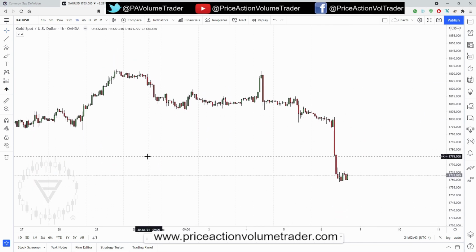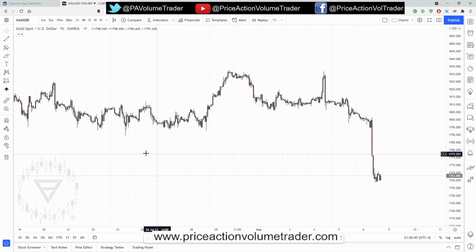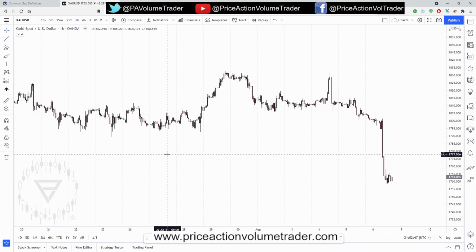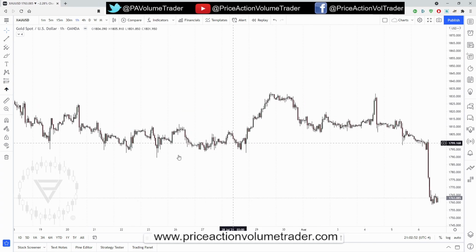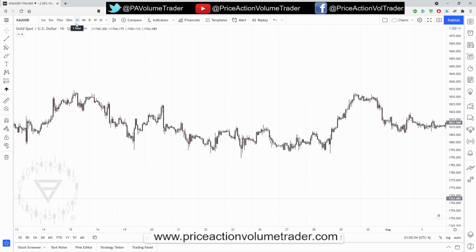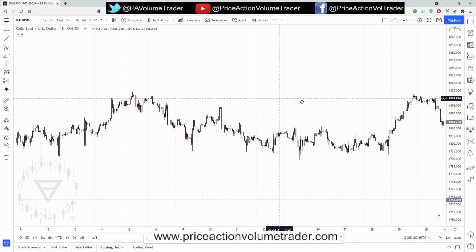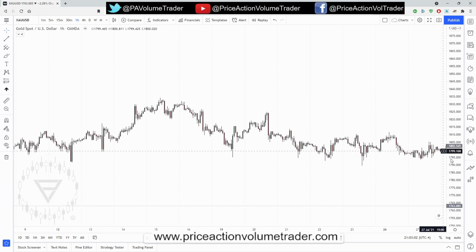I usually hold positions for no more than a few minutes or maybe an hour or two. So if we zoom in, in my case, sometimes I use tick charts. Other times I would use a 5-minute chart as my execution time frame.